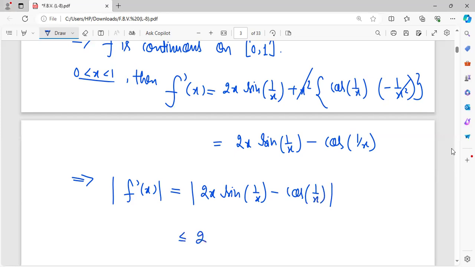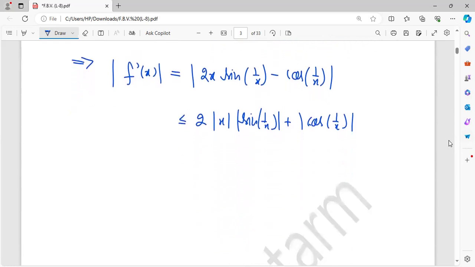This is less than or equal to 2 times x sine 1 upon x plus cos 1 upon x. Sine and cos are bounded by 1, and x is also bounded by 1, because we have closed interval [0, 1]. So it is 2 times 1, sine is also bounded by 1, and this is 1. So this is 2 plus 1, that is 3.